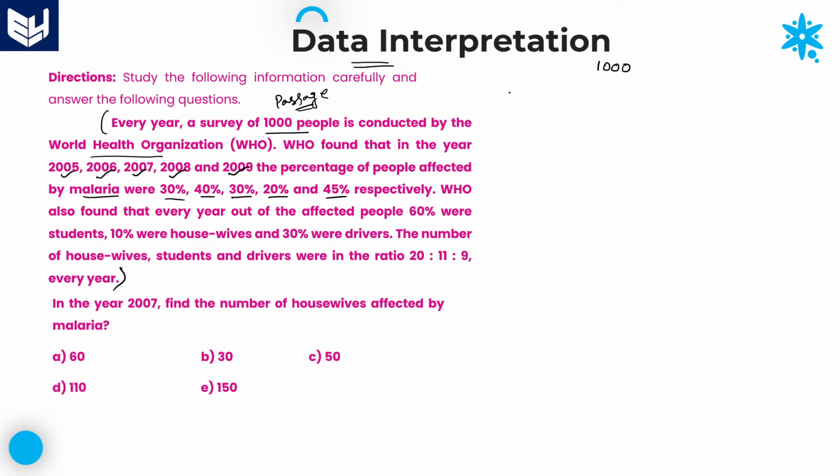So first of all, you need to write down the years, starting with 2005, followed by 2006, 2007, 2008, and the last one 2009. In these 5 years, the number of people who are affected by malaria is 30 percentage, next 40 percentage, again 30 percentage, next 20 percentage, and then 45 percentage.